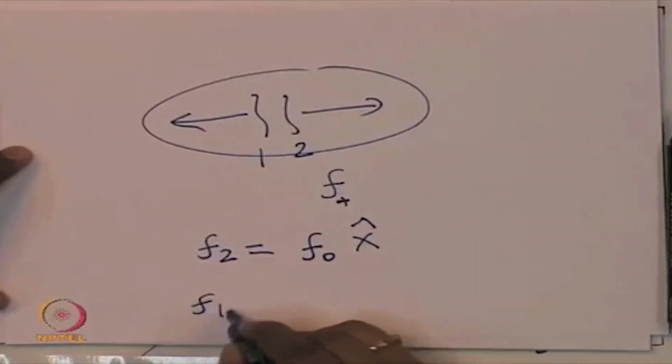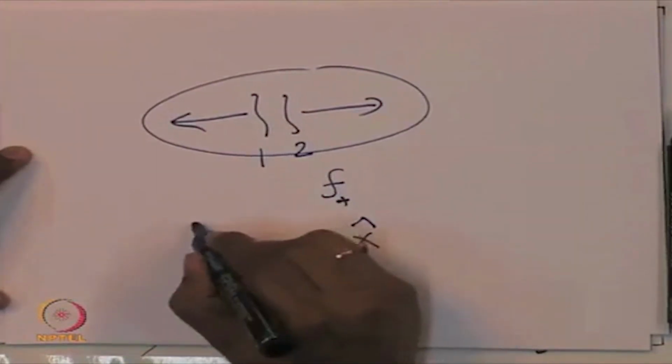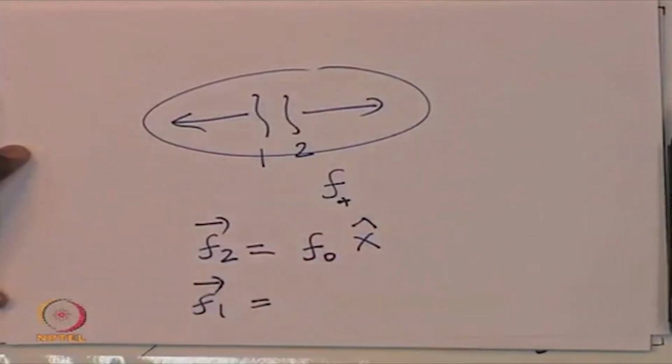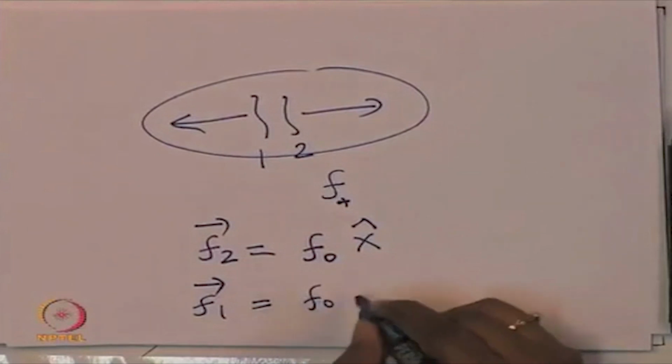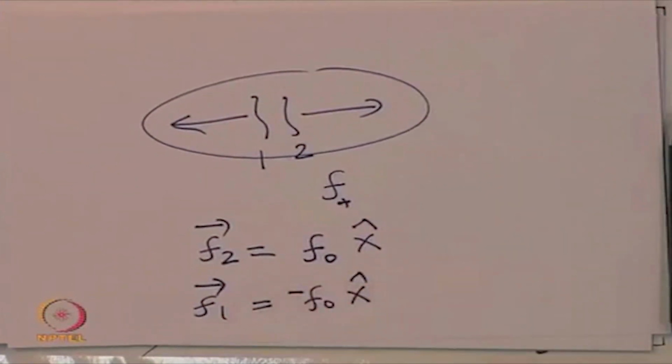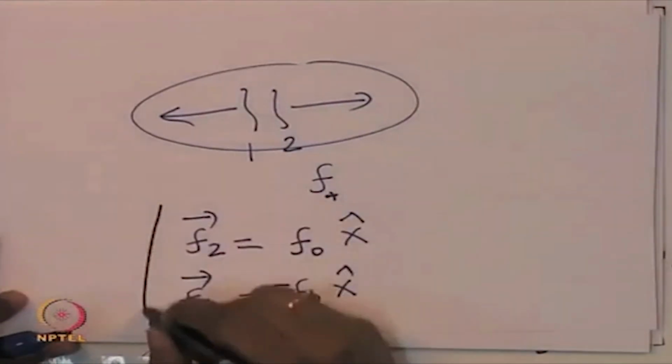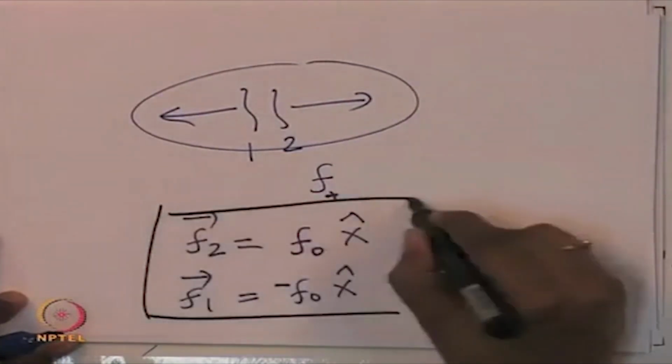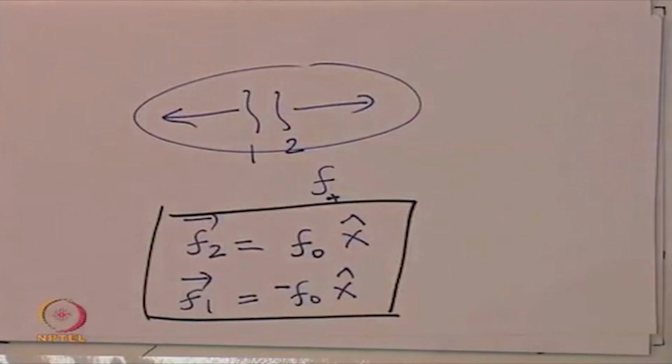And F 1, the force on 1, is also a vector, and this is also some F 0, but minus x cap. So, there has to be a minus sign. One can write F 2 and F 1 in these particular simple forms, F 0 x cap and minus F 0 x cap, assuming that the force is constant.